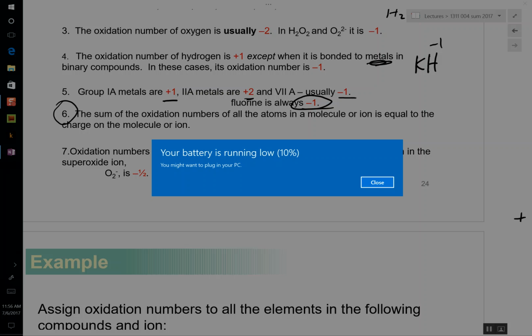So 2 plus 6 is 8, plus -8 is neutral. All right, so that's a way of double checking the whole thing. Do I have the right oxidation numbers for each of the elements? Well, does it combine to give me no charge on the compound?